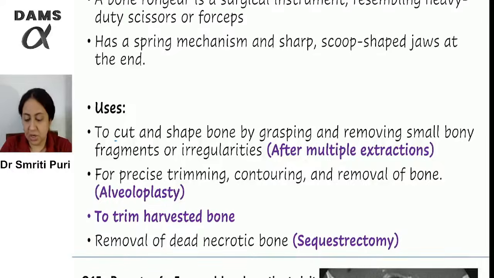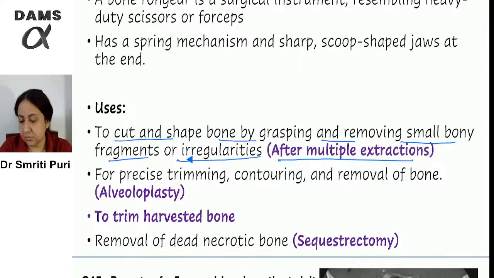The uses, I'll tell you. It is used to cut and shape bone by grasping and removing small bony fragments, irregularities or spicules, especially after multiple extractions. For precise trimming, contouring and removal of bone during alveoloplasty procedures, and to trim harvested bone.